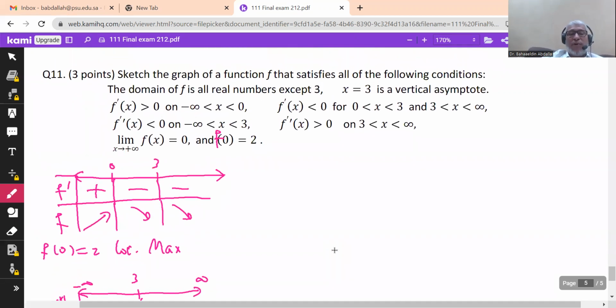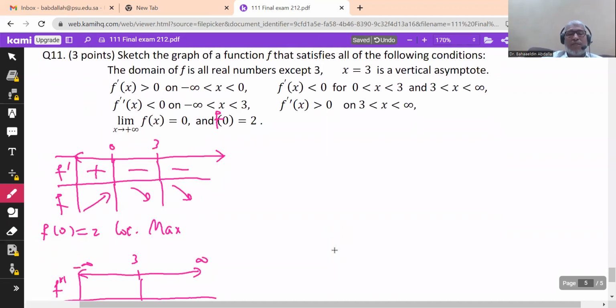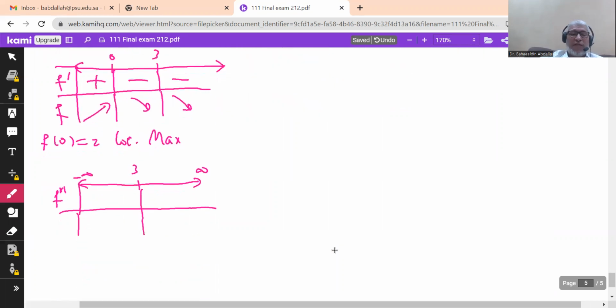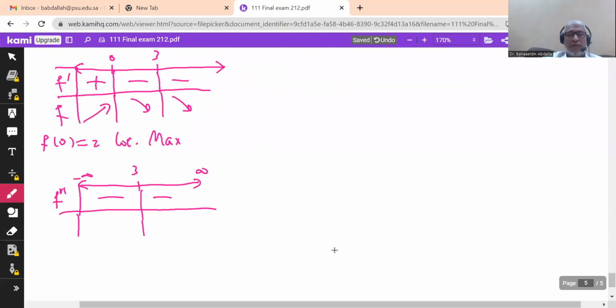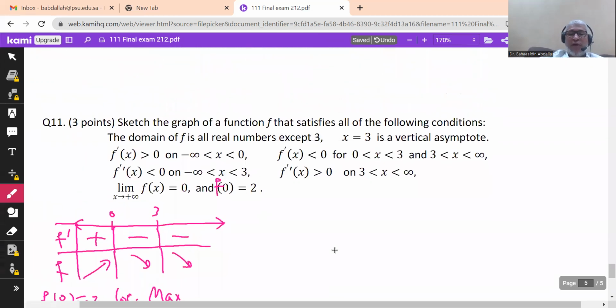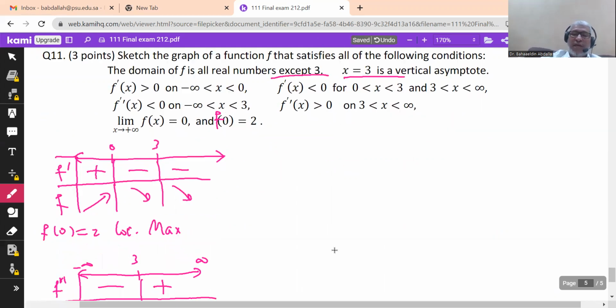So f double prime is negative from negative infinity to 3, and it is positive from 3 to infinity. So f here is concave down, and here f is concave up, and I have an inflection point at 3. But he said the domain is all real numbers except 3. Okay, so 3 is not in the domain, and x equals 3 is a vertical asymptote.